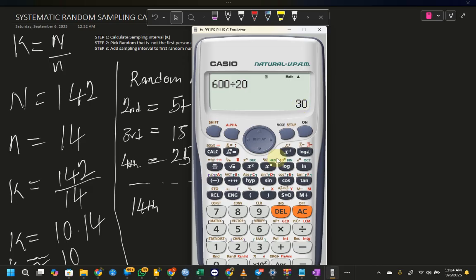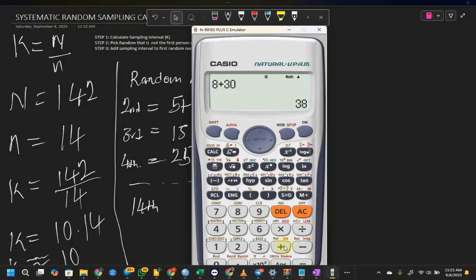Then you pick the random number that was selected. If the first name selected is number 8, what will be the second? You add the sampling interval of 30 to 8 to get 38.